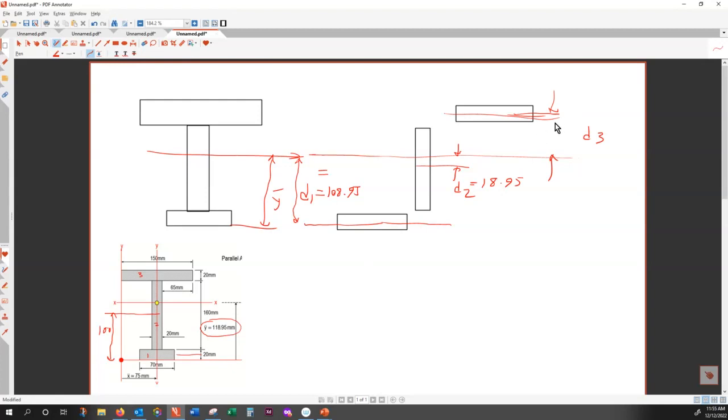And what about D3? D3 is from here to here. So the total length is how much? The total length is 20, 20, 40, 200 is the total. So that location is 190. So this is 190.